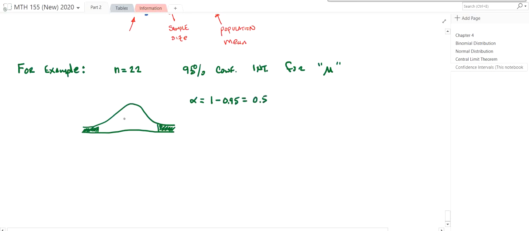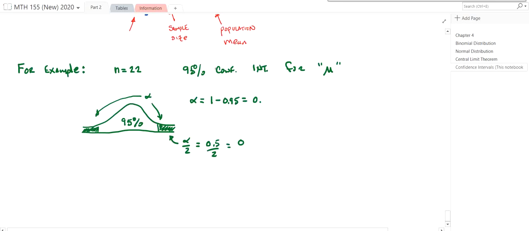So if this area is 95%, then these two shaded areas equal alpha. And any one particular shaded area is alpha over 2, or 0.05 divided by 2 equals, oh, bother.